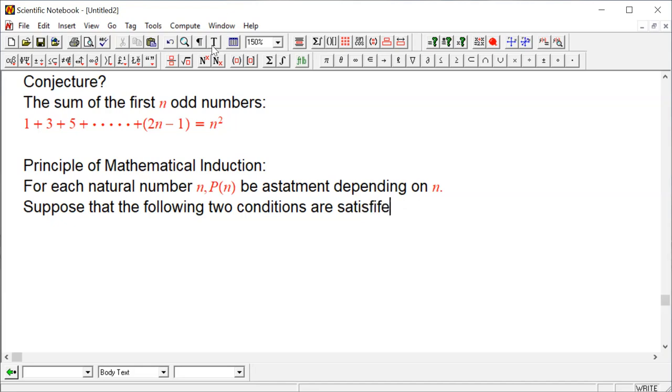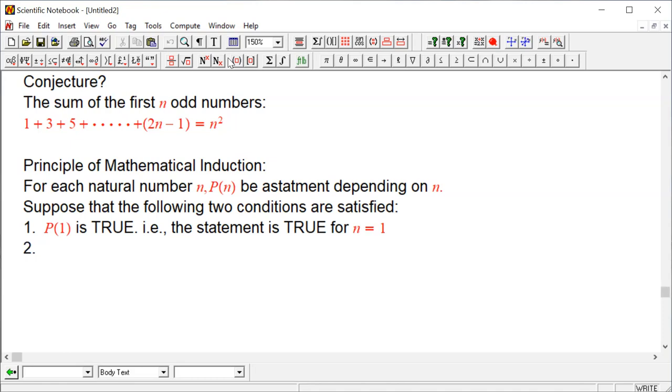So what are these two statements? The first statement is that the statement is true for n equals 1. So P(1) is true, i.e., the statement is true for natural number n equals 1.